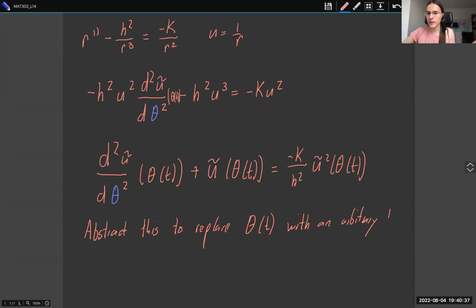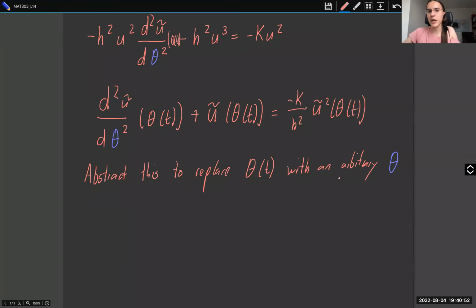So with an arbitrary, I should denote it by blue theta, because we're evaluating theta of t at every point. So at an arbitrary theta that's no longer time dependent, what we're going to get is a differential equation with respect to u tilde.